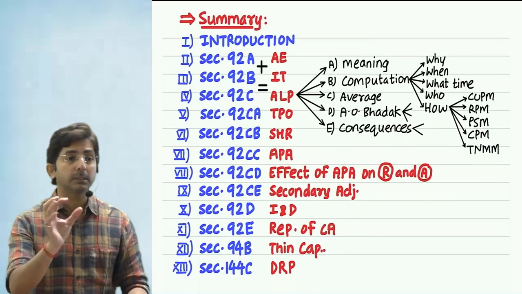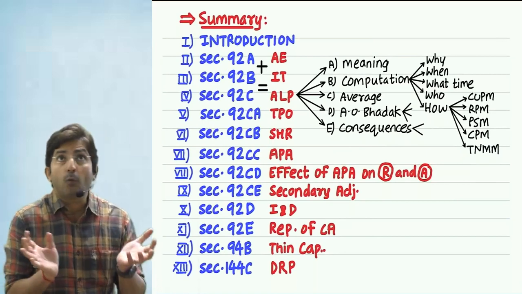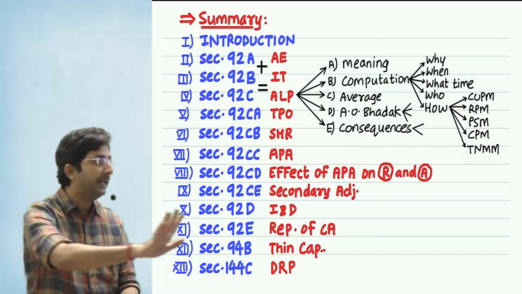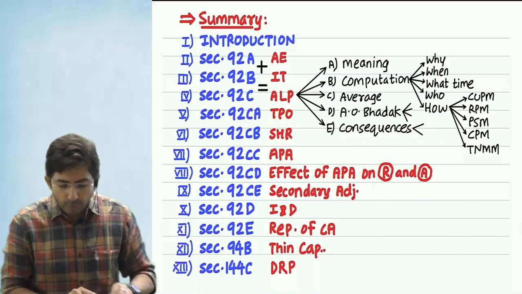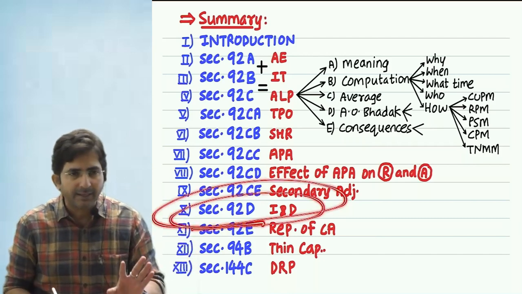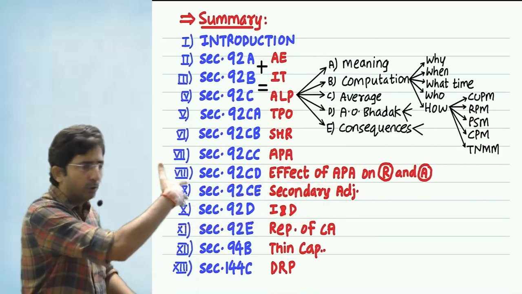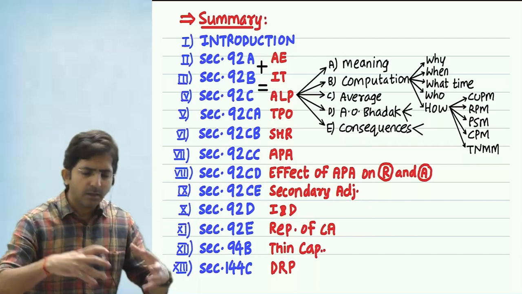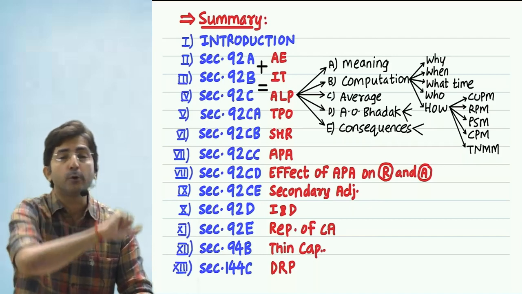These informations are useful in computing ALP. Exactly what kind of information? I am not explaining now. I will explain at the time of 92D. But right now, since we have not reached 92D, I need to give some rough idea that these information documents which I mentioned here are nothing but certain relevant data which are used in ALP computation.